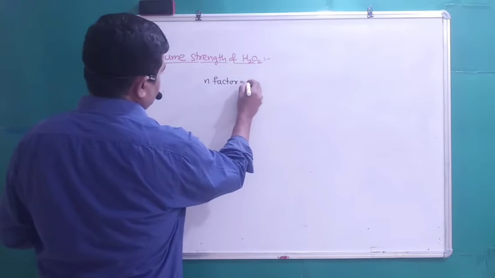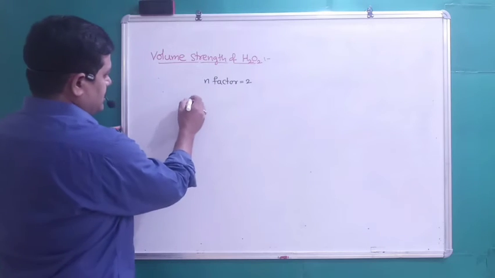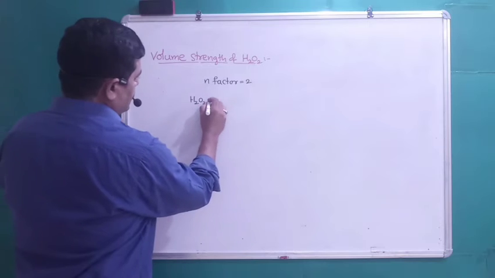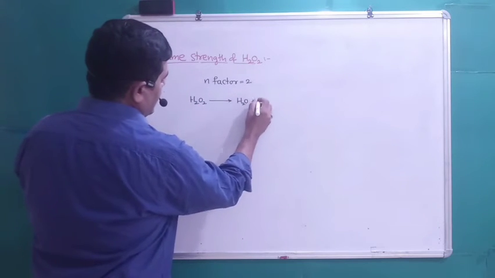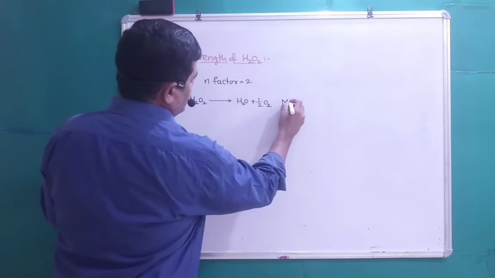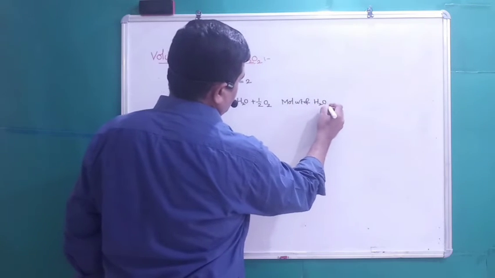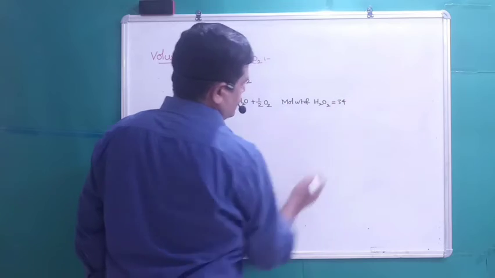Let us write the decomposition equation of H2O2. H2O2 gives rise to H2O plus half O2. Molecular weight of H2O2 is equal to 34.